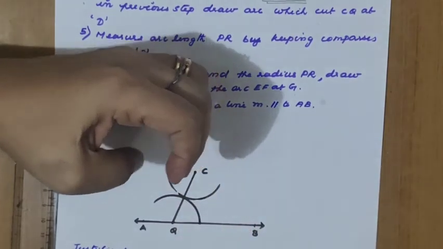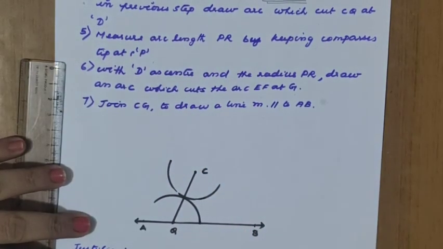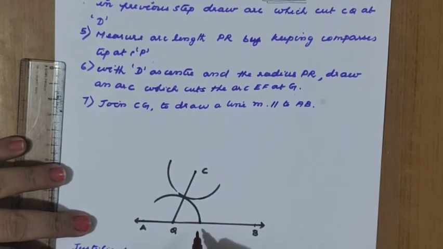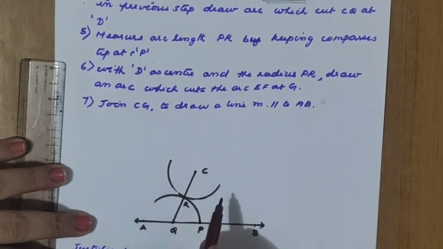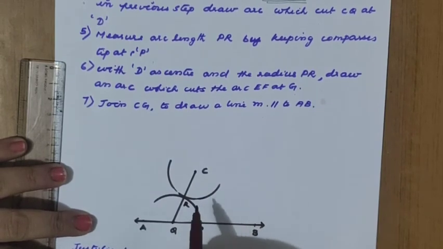We can mark the same point only. Let me start with P, because we have written the step like this, P, and here R. Now with the same radius at C, draw an arc cutting CQ at D. It is making a cut, so here I am taking D.